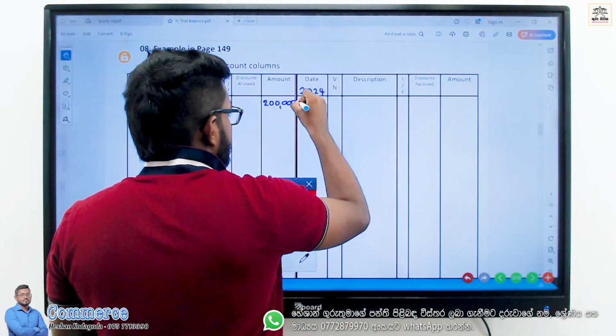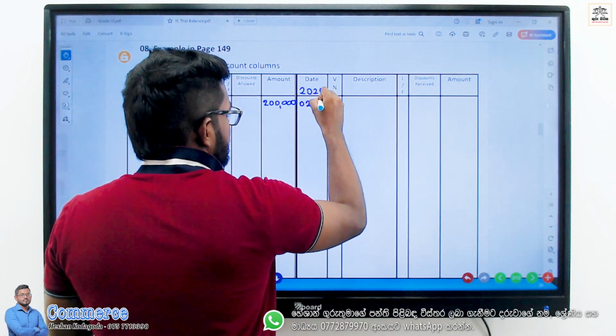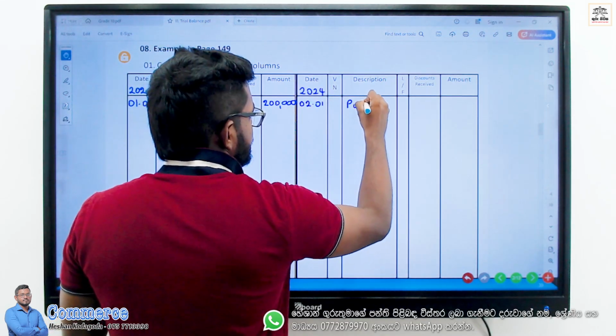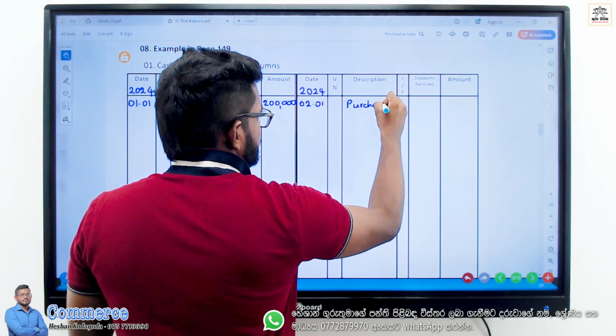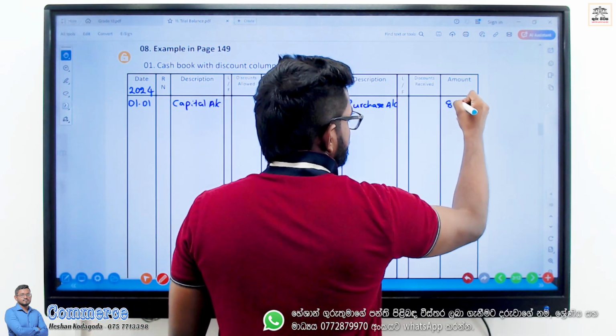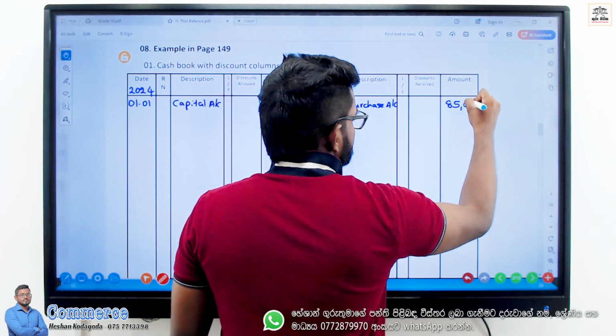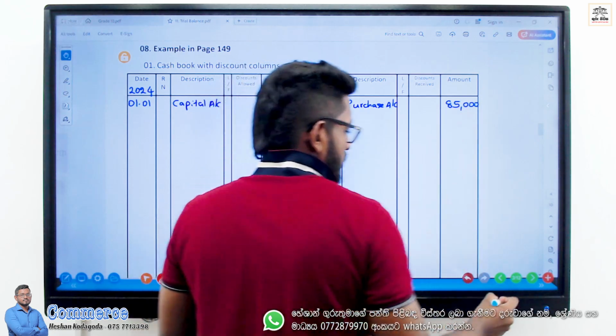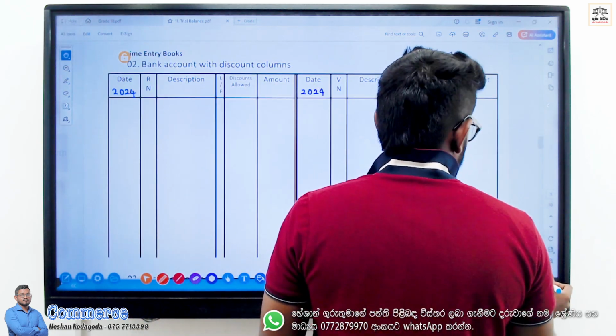Second of January, purchase account, 85,000. Right? So quickly go to the ledger.